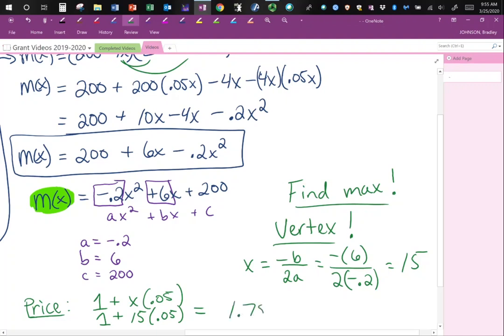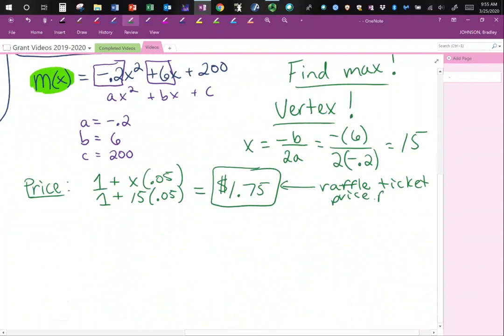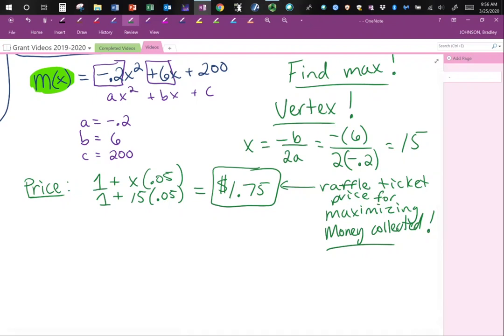That would end up being 1.75. So, this would be the raffle ticket price for maximizing money collected. So that would be the ideal raffle ticket price.